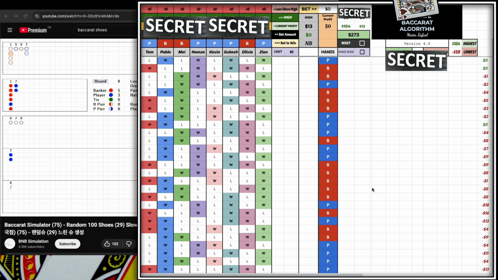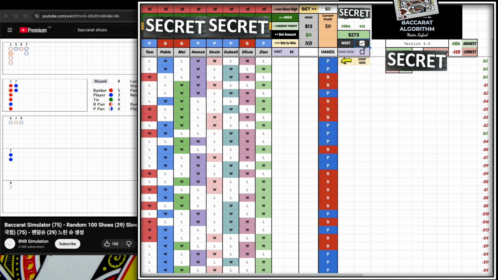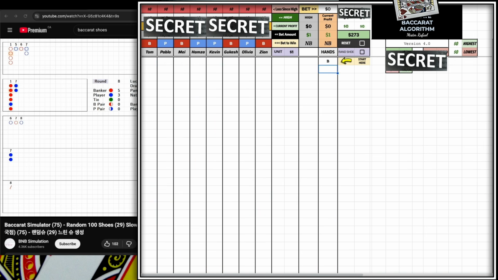Okay, let me clear. I'm going to show you how it looks when you're placing a bet. Okay, so I'm going to just enter in some random hands here. Okay, so here where it says bet, very easy. If this lights up red, we're placing $1 on banker. If it lights up blue, we're placing $1 on player, or whatever the amount is.